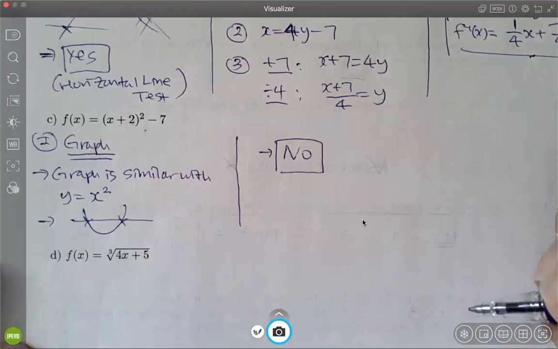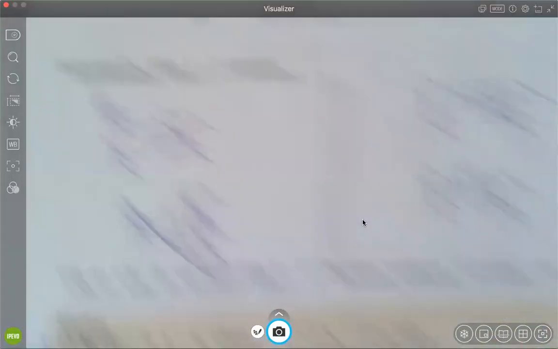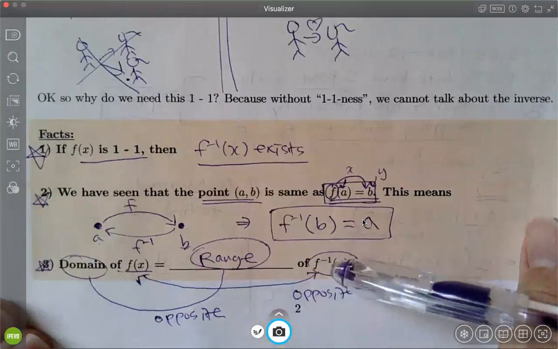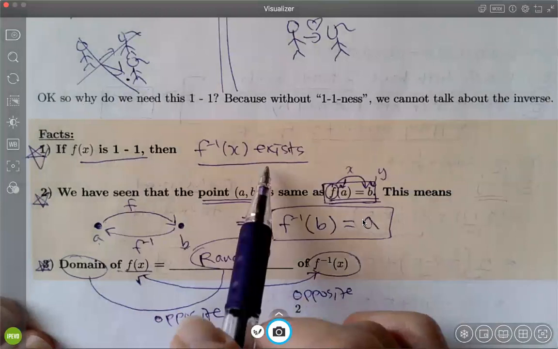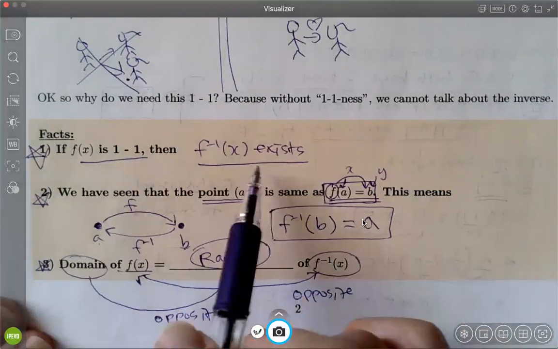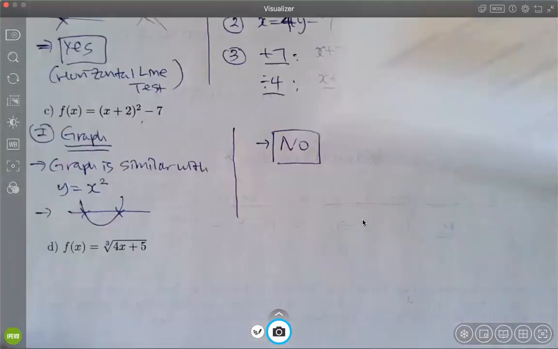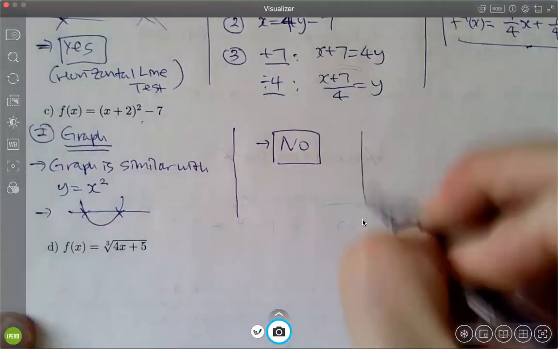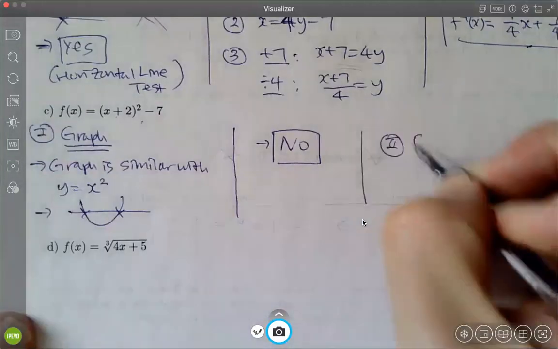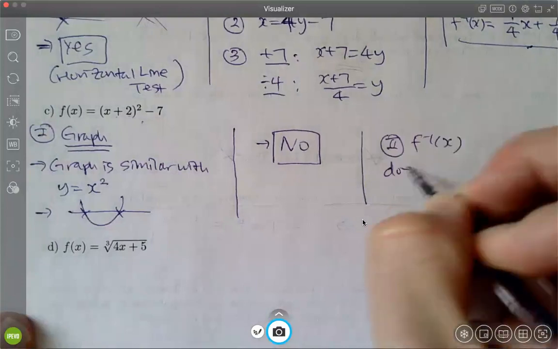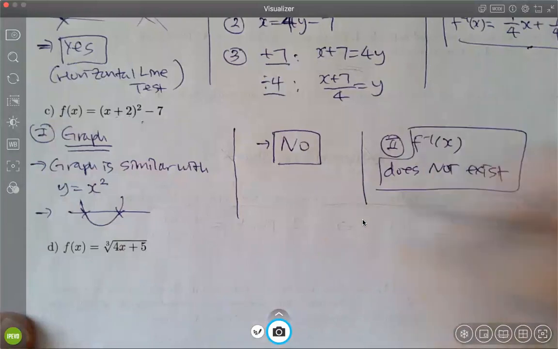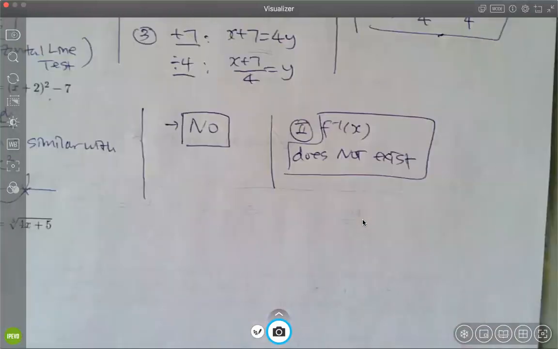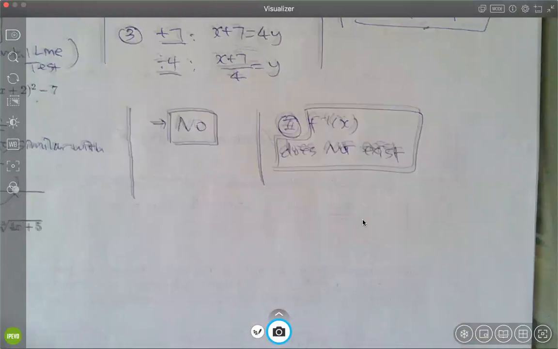And the answer is no. Because remember, we had this crucial fact earlier: if f is one-to-one, then f inverse exists. So if f is not one-to-one, there is no f inverse. That means f inverse of x does not exist, because it's not even one-to-one. So we don't need to find its inverse.